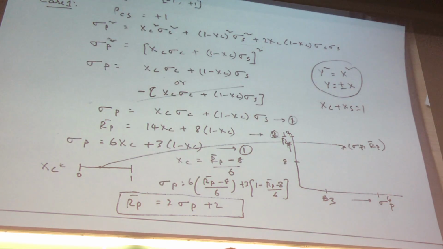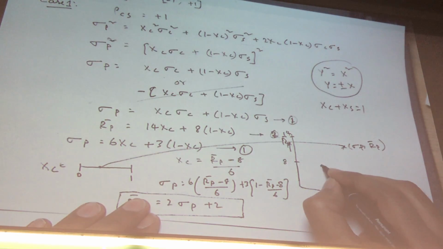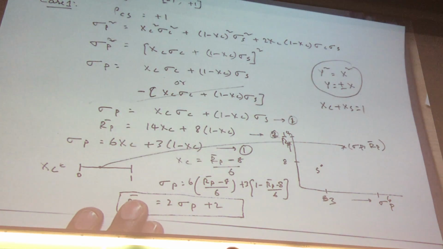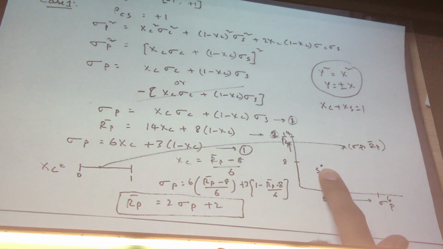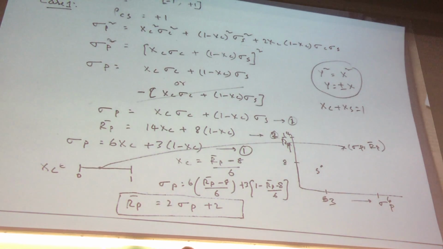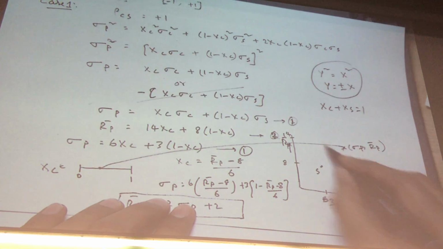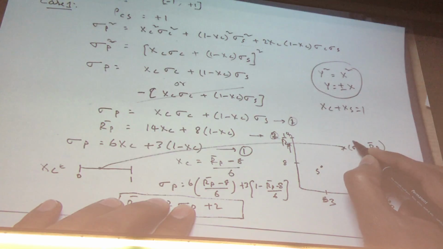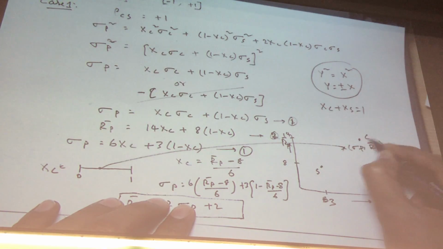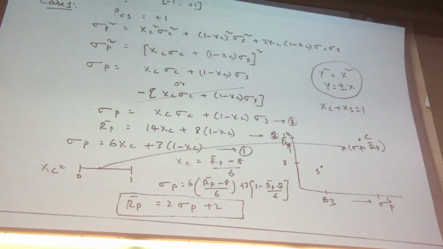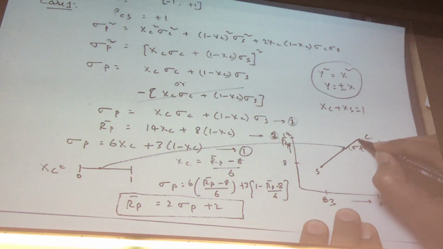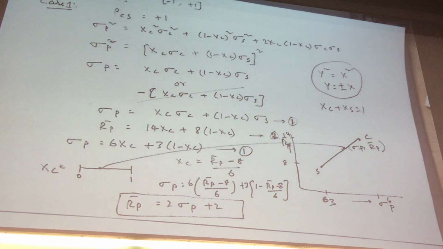So if your portfolio is selecting only S, that means all your money is kept on asset S, then the corresponding point on this graph sheet is that point. Make sense? And if you put all your money on the second asset, then you have the 6 here and 14. So this is your 6. Okay. And whatever combination you are going to consider must fall on this line right here. Is it clear?